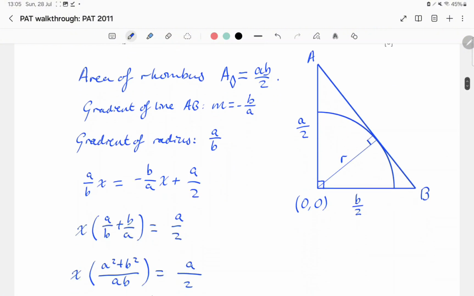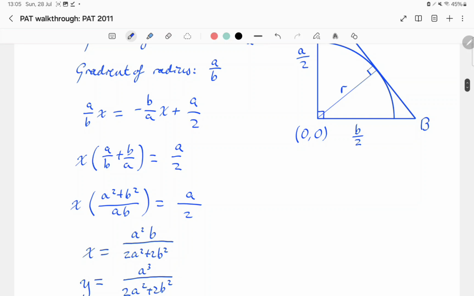Now, if we plot everything onto a coordinate graph, as on the right, we find that the gradient of the line AB is -b over a, and therefore the gradient of our radius that's marked over here is a over b. We therefore have a over b of x is equal to -b over a of x plus a over 2, and therefore x is equal to a squared b over 2a squared plus 2b squared.